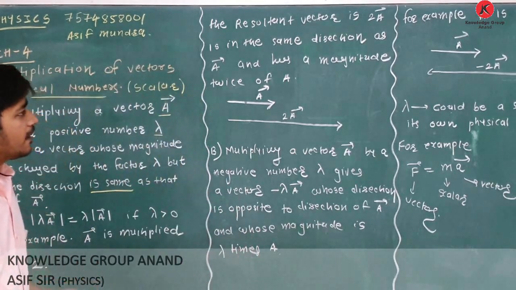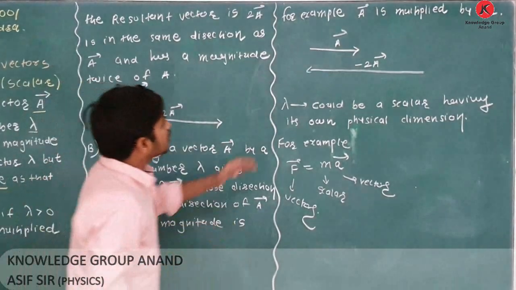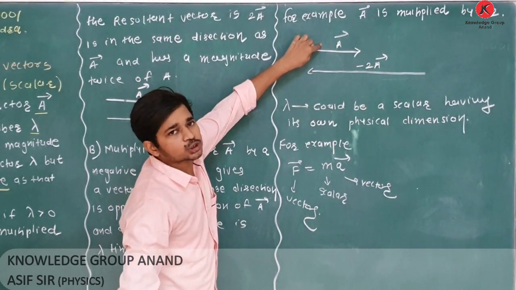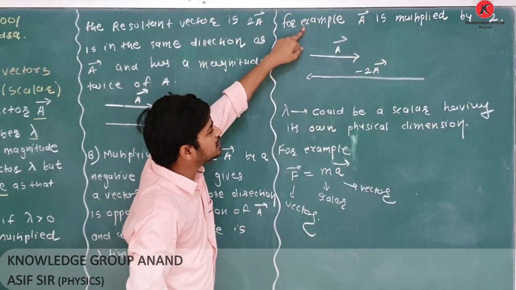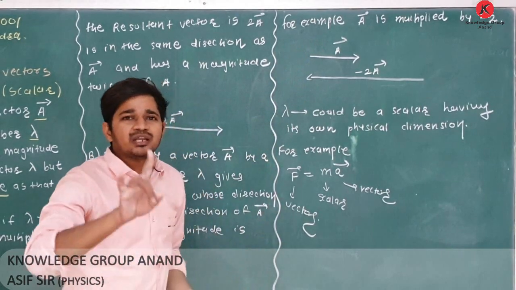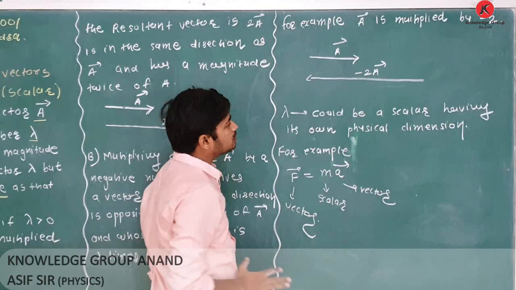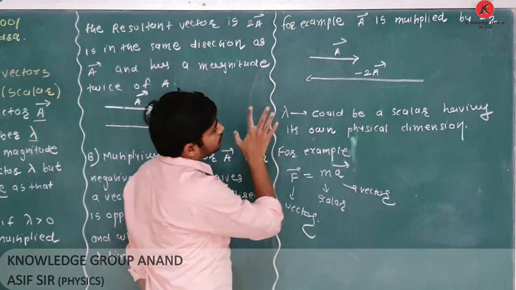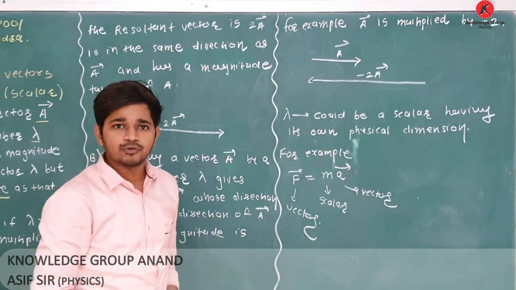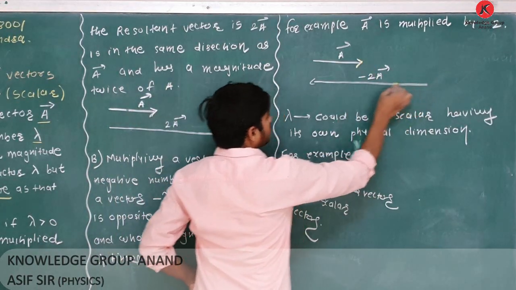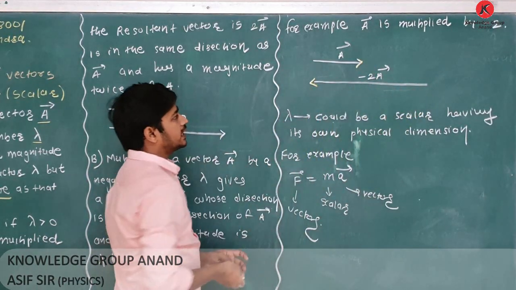See in figure, we have one vector A which is multiplied by -2. Whenever you multiply by a negative number, its direction becomes opposite. See, effect of vector A is in this direction, and effect of vector -2A is in this direction.